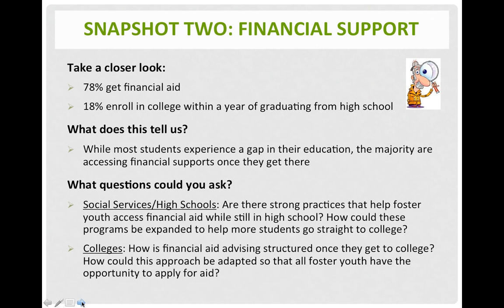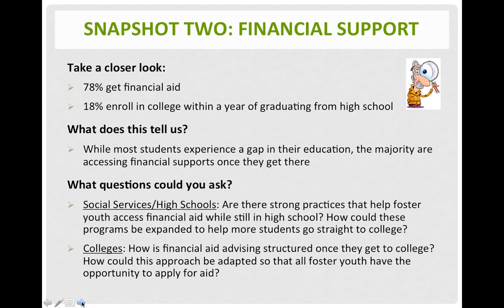So here we've got a college that's doing a great job at getting students into financial aid. More than 3/4 of students are getting it. But we've once again got the same big gap where only 18% of students are making it from high school to college within a year. So this is sort of interesting. It does indicate that whatever's happening on the counseling side of that college, they're being really effective.